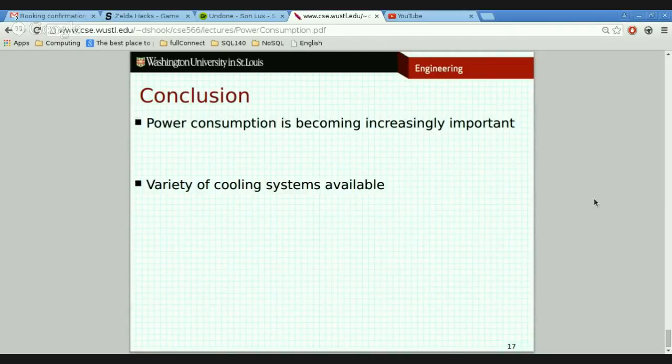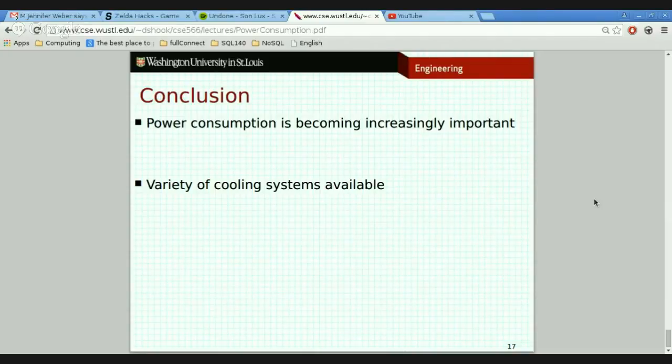The total amount of power consumed is going to keep going up, but hopefully efficiency of that power consumption will also go up at the same time. That is the ultimate goal, right? We're going to need to use more power to get more performance. That's just a fact. But we want to make efficient use of the power that we're consuming.